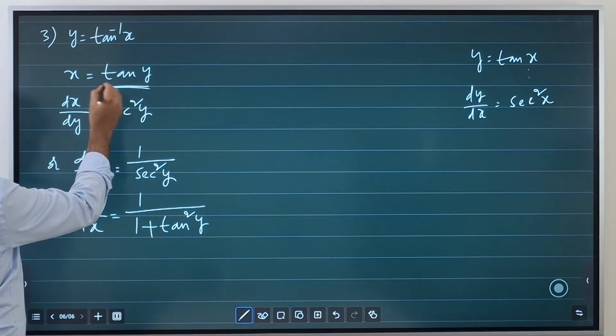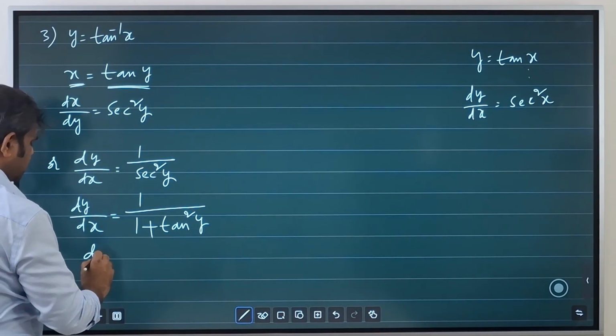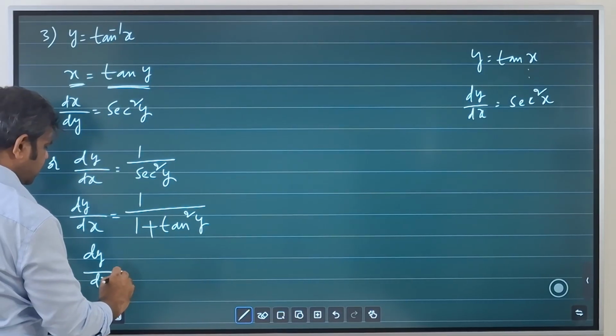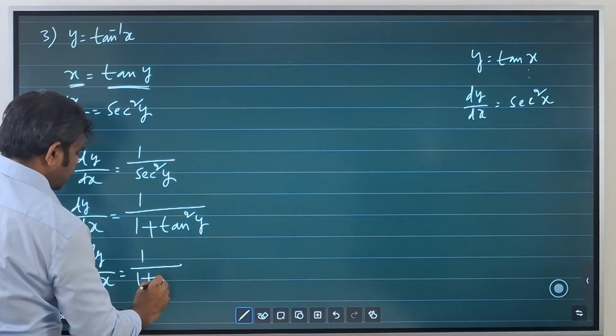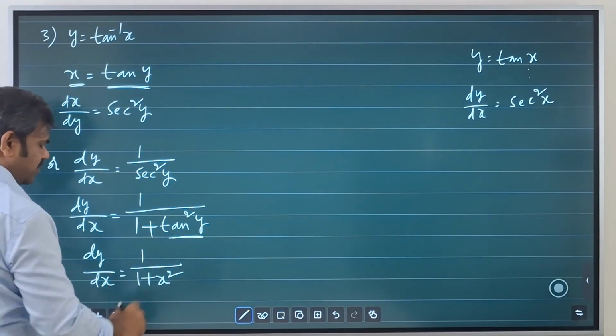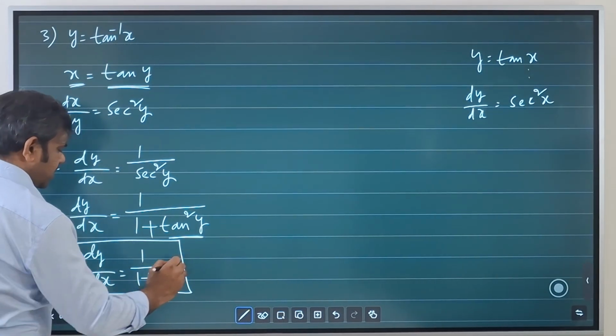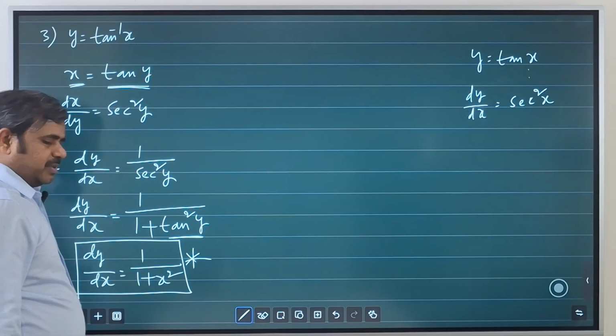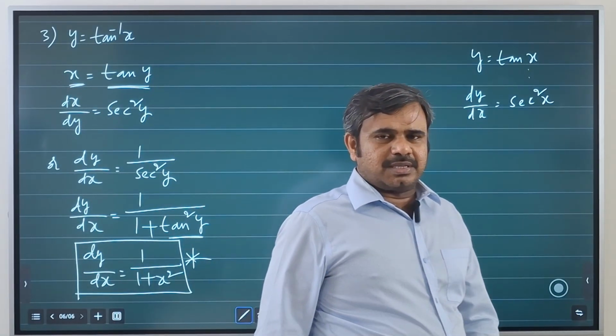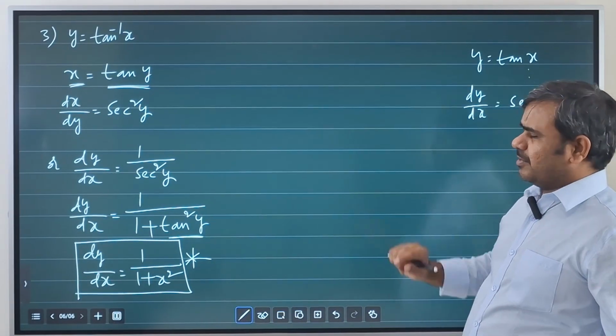And tan y is equal to x. So dy by dx is equal to 1 by 1 plus x square, because tan y is x, so tan square y is x square. That's how we get the derivative for the function tan inverse of x.